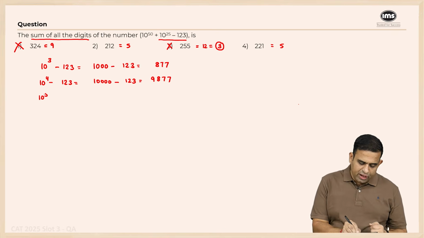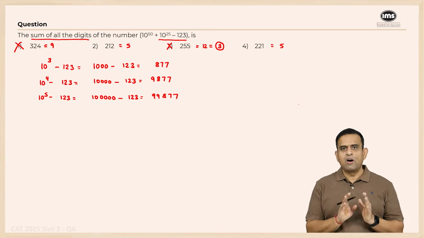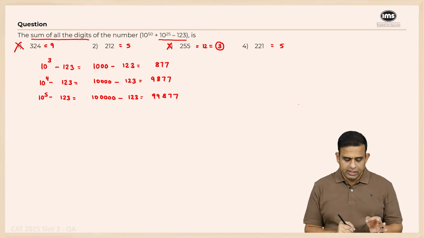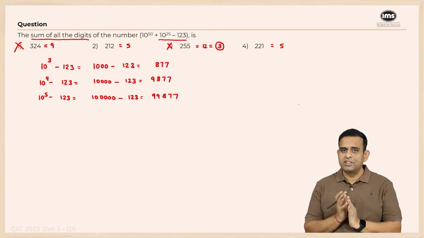Then if I do 10 power 5 minus 123, you will get 99,877. So now the pattern is very clear. In case of 10 cube minus 123, we have got 877 in the end.